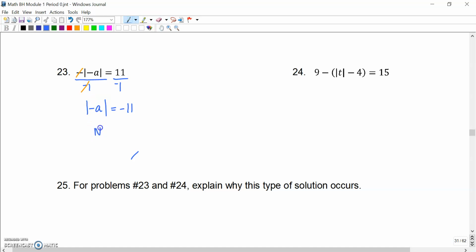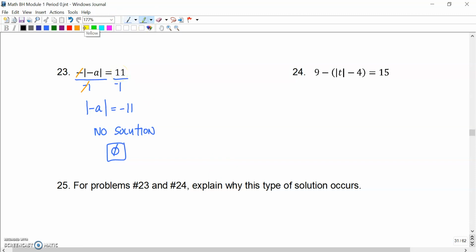So that means that this actually is a no solution, or we can also use the symbol that says this does not make any sense, that this is impossible. Even if we tried to solve it and we claimed the answer was 11 or negative 11, if we plug those values back into the original equation very carefully, they will not check out.